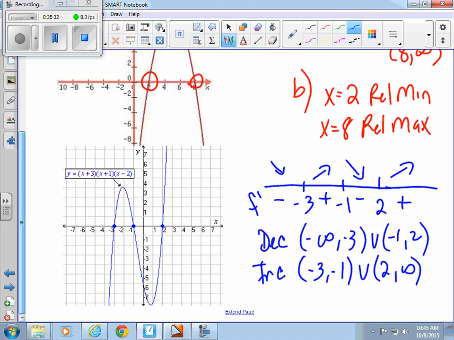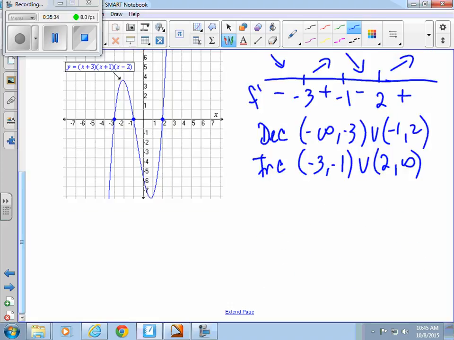And relative extrema, minimums, when did those happen? What are the x values of the relative minimums? Minimum? At -3.